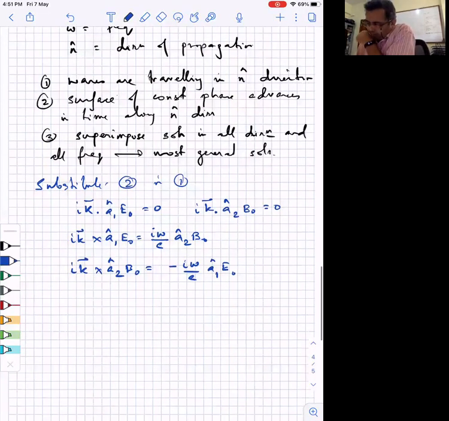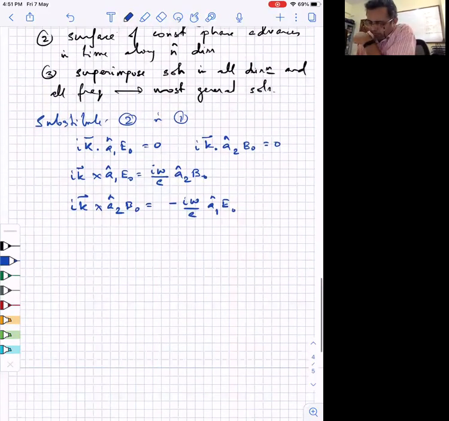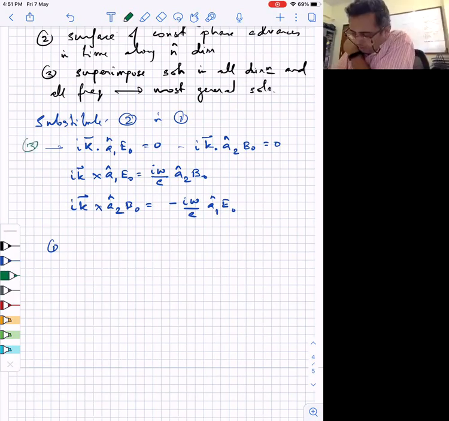Now, if you look at the top 2 equations, what are the things that come out of this? First of all, let me give numbers over here: 3, and let me call this 4.